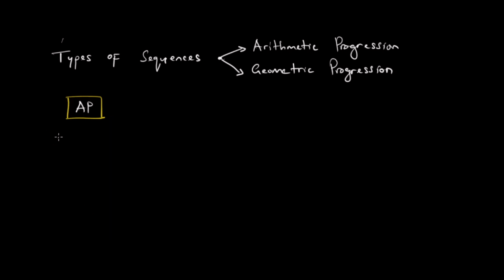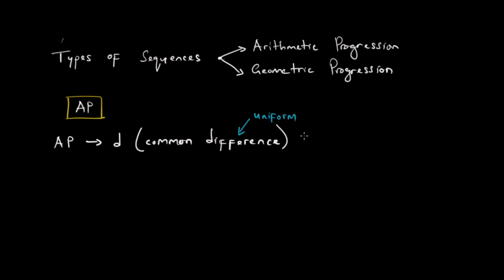So we associate arithmetic progression with d representing a common difference. And we said this common difference should be uniform. Then we also gave an example here.